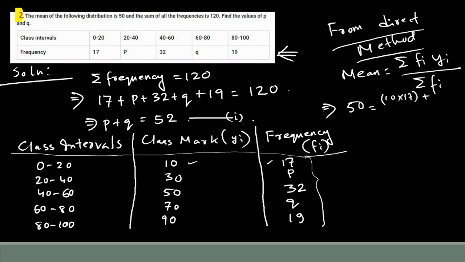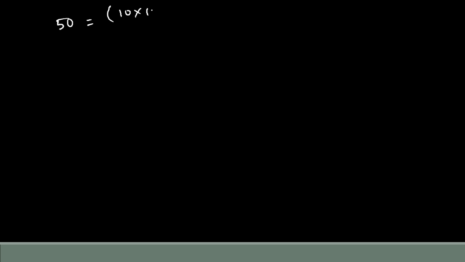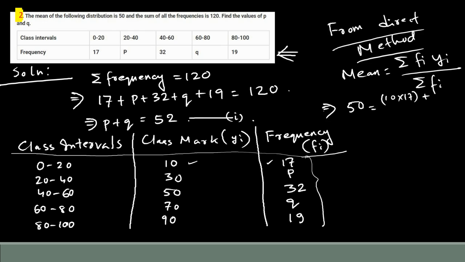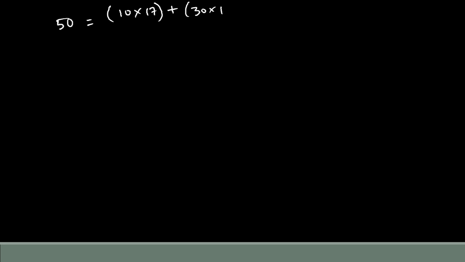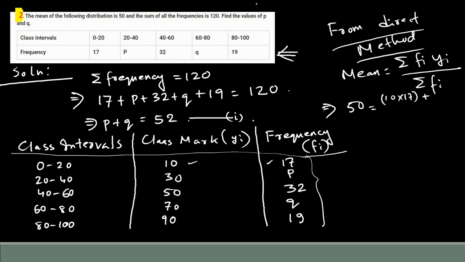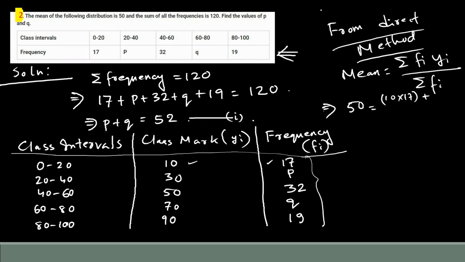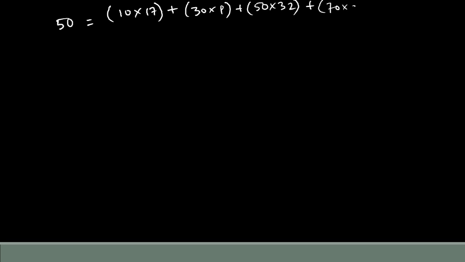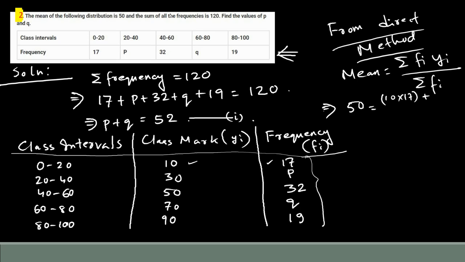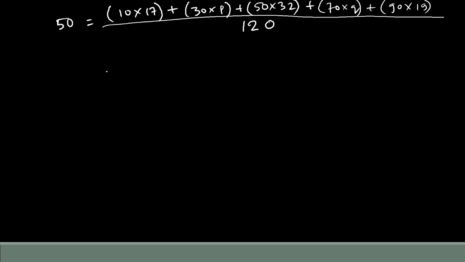So this time class mark is 10 times 17 plus 30 times p plus 50 times 32 plus 70 times q plus 90 times 19, right? This is your numerator and the denominator is the summation of all the frequencies, which we already have. They have given us the summation of the frequency as 120. They already gave it to us, right? So we have to divide it by 120.